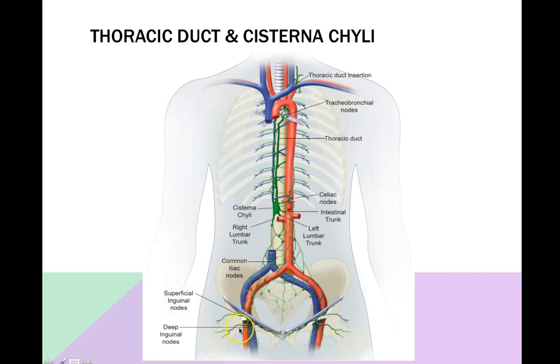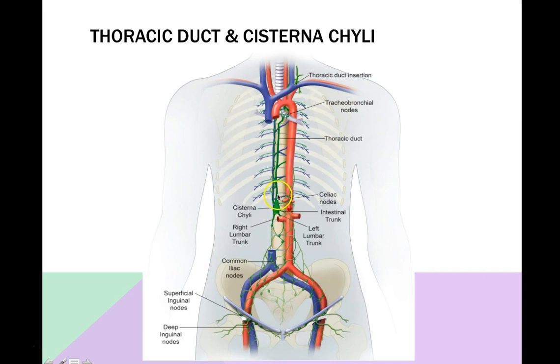From the lower aspect of your body, we will have lymph that will move through certain trunks, and I'm not holding you responsible for knowing the names of these trunks in the cadaver lab, but here you have your right lumbar trunk that will drain the right lower portion of your body, and your left lumbar trunk that will drain the left portion of your lower body, and an intestinal trunk that, of course, is draining your intestines. And it brings it all into this lymphatic sac here, known as the cisterna chyli.